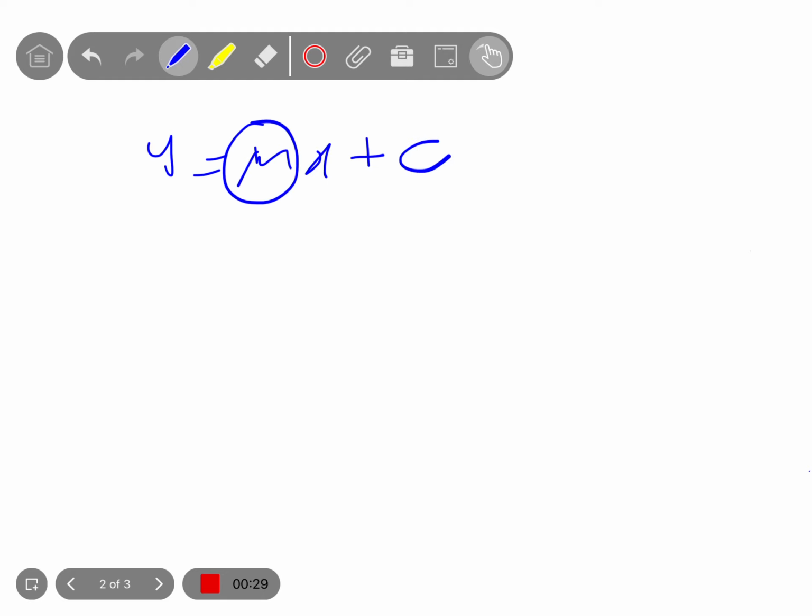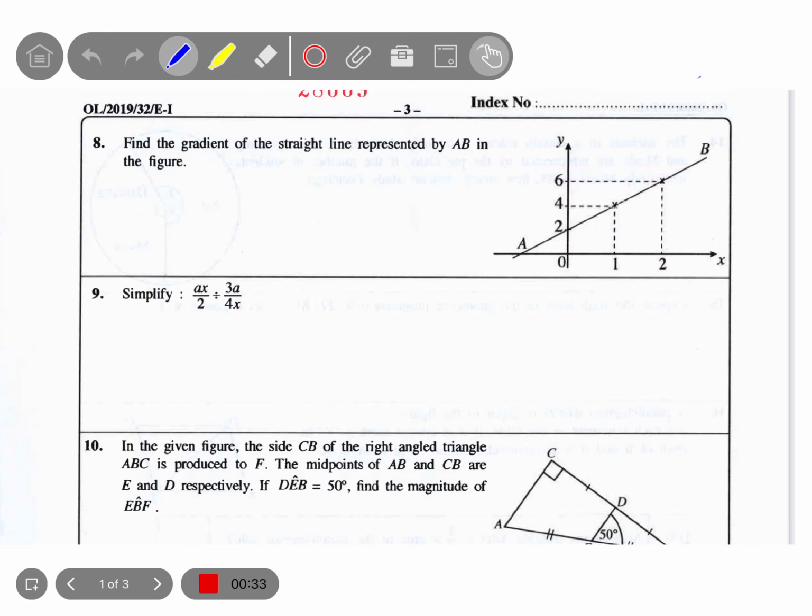But anyway, you don't need this particular equation to solve this. Basically the gradient means this value, how to calculate that. So gradient you can calculate by difference of this divided by difference of this. So basically 6 minus 4 divided by the corresponding x values, 2 minus 1.